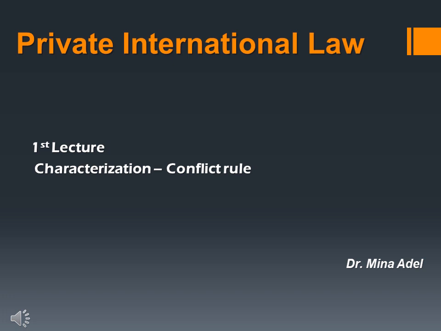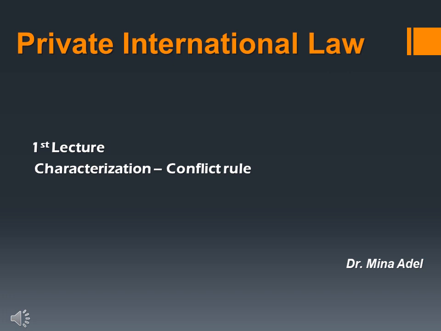Let's see now the situation in our Egyptian private international law. As I told you, Egyptian private international law rules, so conflict of law rules, are in our civil code. So in Article 10, and I recommend you to read it in Arabic also, so you can find it.